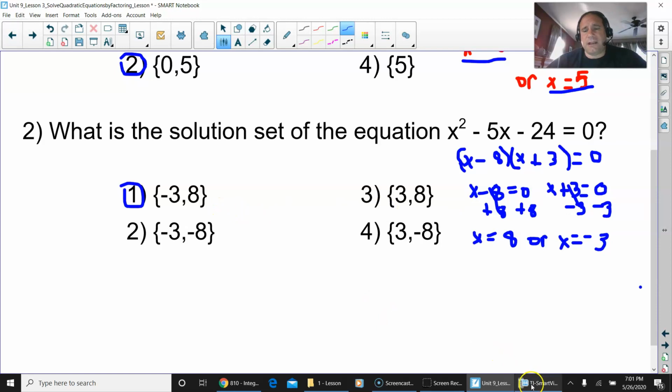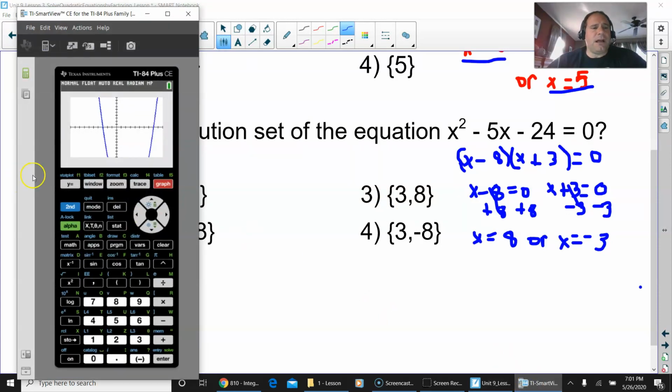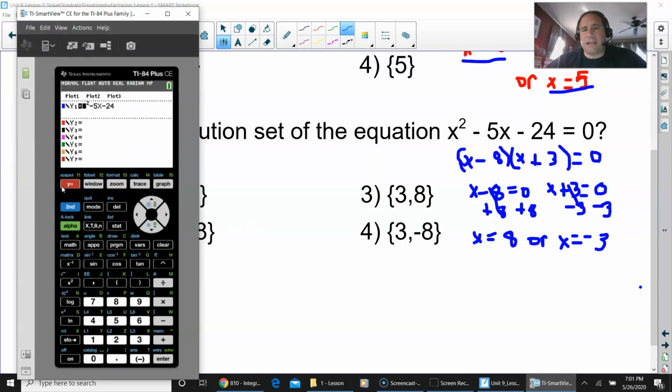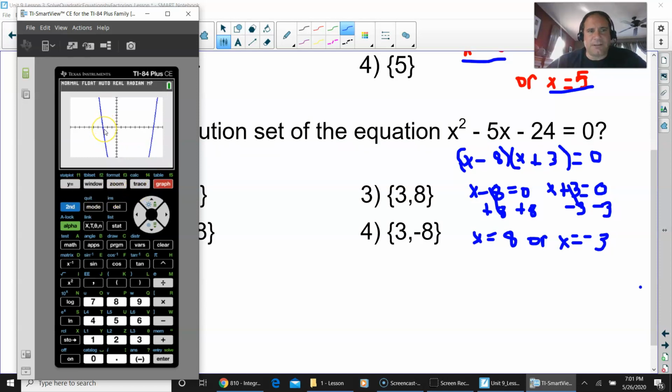1 is your answer. I did use the calculator, so I am going to show you that I just put that into the calculator, pressed graph. You really don't need to press second function trace for this one. This is negative 3. You could see it's negative 3. So that takes out choice 3 and choice 4.